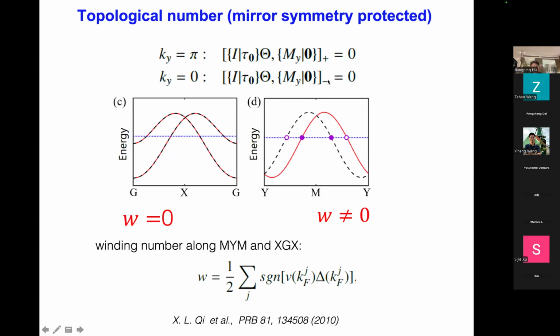Okay, so you can immediately notice that if you go to the gamma to x direction, it will be trivial. But if you go to the y direction, which is a zone boundary, it can become topologically non-trivial. Okay, so that's the formula to calculate these topological numbers. Okay, but I will not go into details.